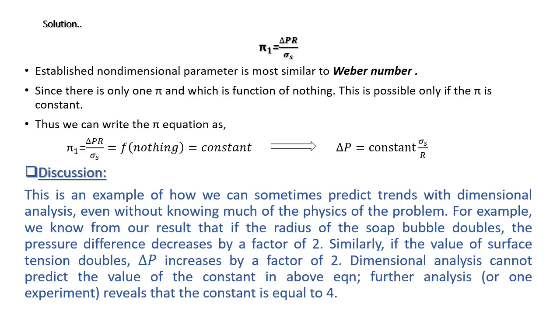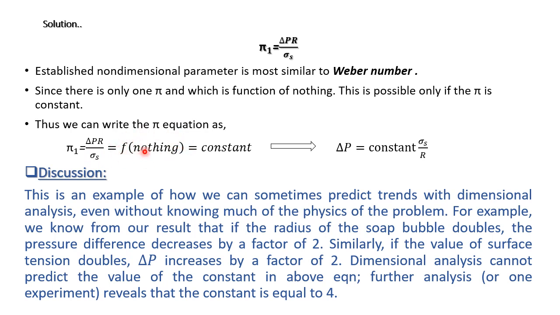This pi term, whatever I have got, is more similar to the Weber number. Since there is only one pi, which is a function of nothing, this is possible only if pi is constant. Thus we can write the pi equation as pi 1 is equal to delta p r by sigma s is equal to a function of nothing.